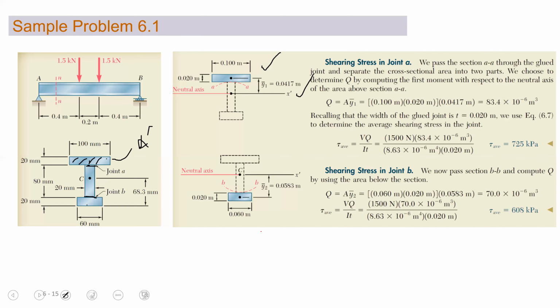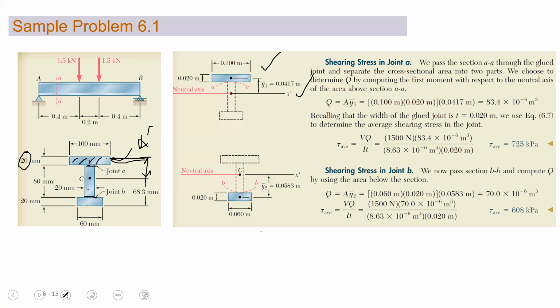So the neutral axis exists at C. If this is 68.3 millimeter, total is 120, so 120 minus 68.3 will be this distance, from this point to this point. And then since the thickness is 20, the center of this will be at 10.